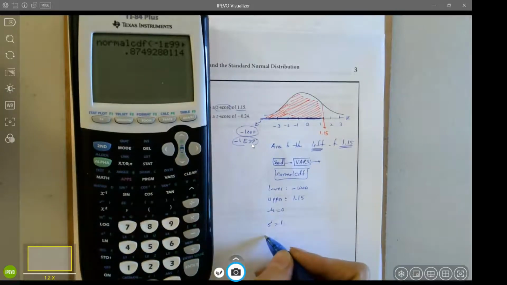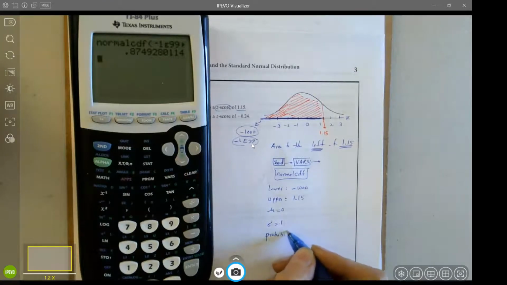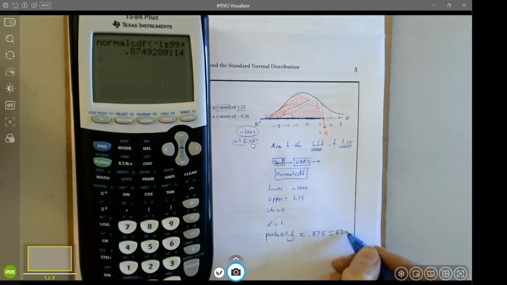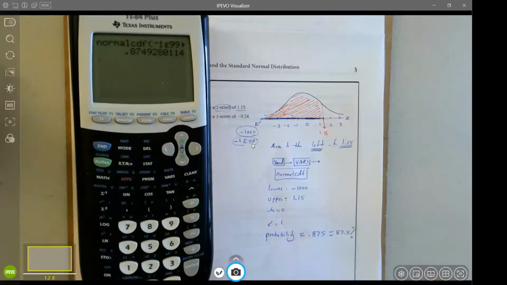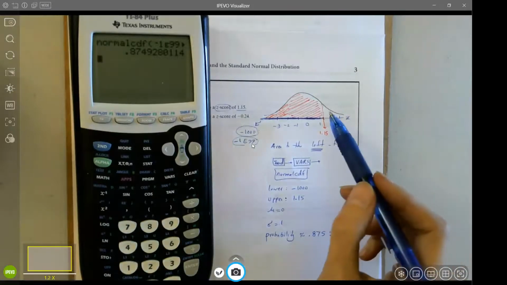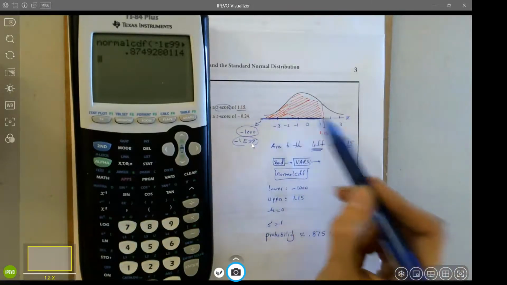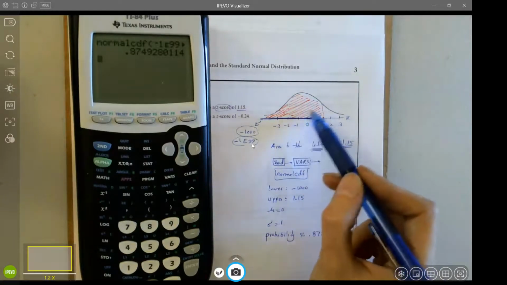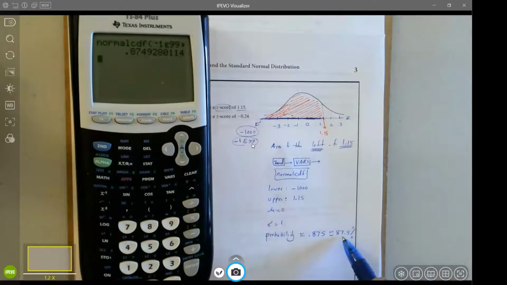The probability or the area is going to be roughly 0.875 or 87.5%. Remember that the total area is 100%. This portion, this red portion, is 87.5%.